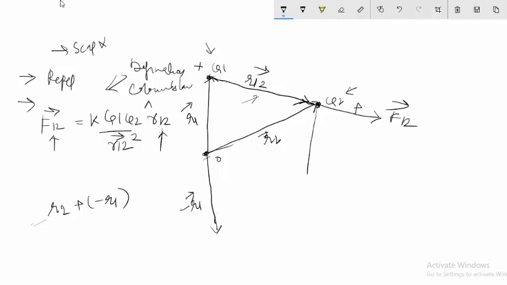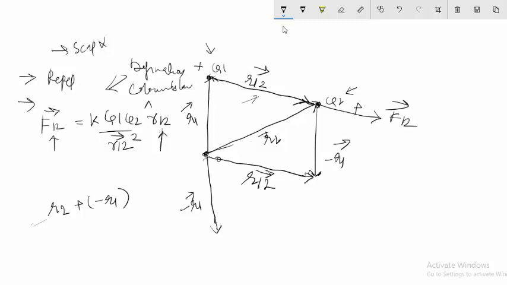The minus R1 vector will look something like this. If I draw these two lines joining, then what I get here is the R12 vector.